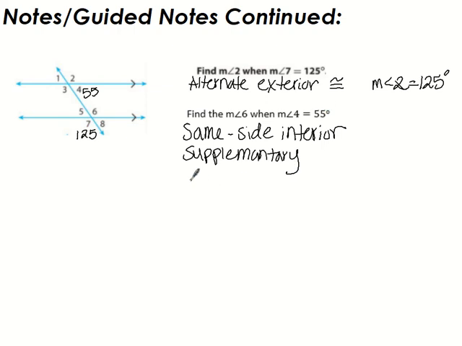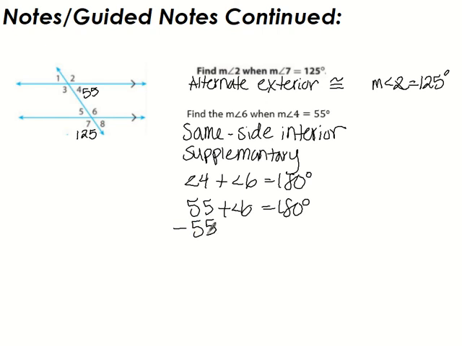So I'm going to take angle 4 and add it to angle 6 to get 180 degrees. Angle 4 is 55. Here's angle 6. So I'm going to subtract 55 from both sides. We do need to set them up like equations. We do not just do simple arithmetic anymore. And so I get that the measure of angle 6 is equal to 125 degrees.